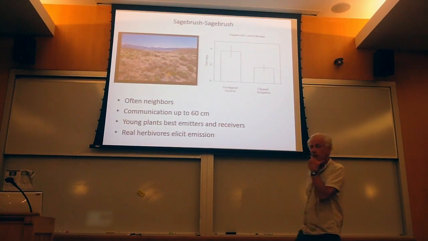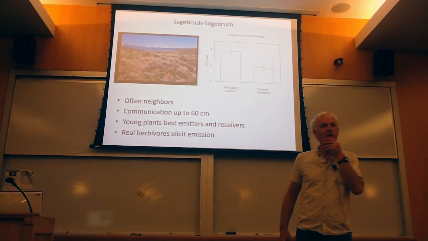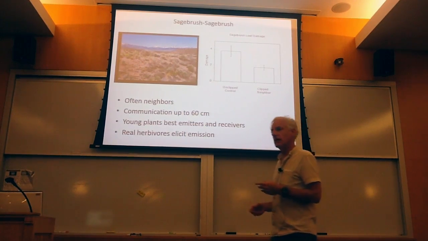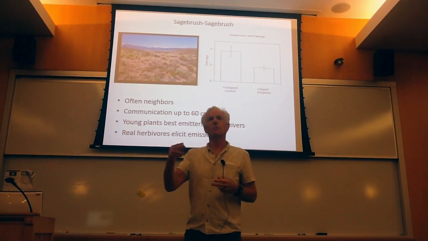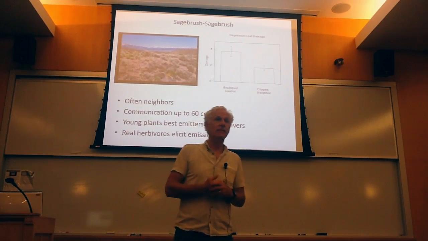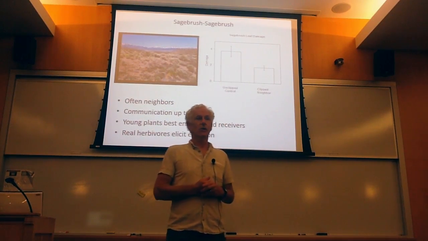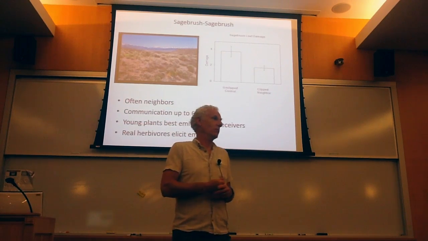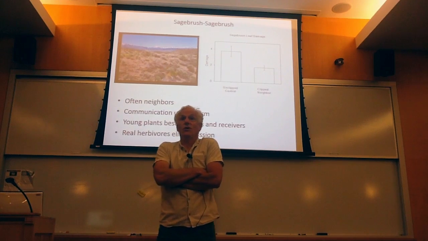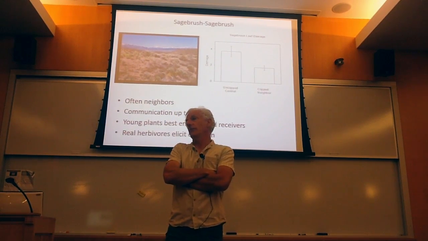We find that young plants are both the best emitters and receivers. And in the experiments that I described to you, we did the experimental clipping with scissors because that's easy. But we also wondered whether or not scissors were indicative of real herbivory.